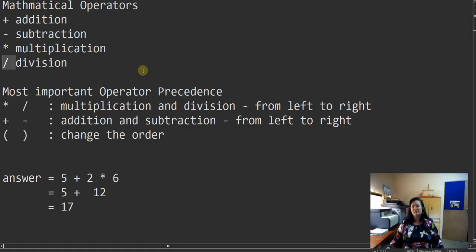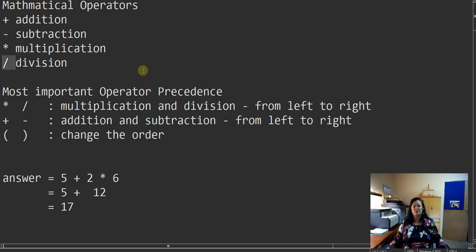So if I've got 5 multiplied by 8 plus 2, what's going to happen first? All the multiplications in that formula would first be executed from left to right. Thereafter, we've got addition and subtraction, again from left to right. And as with mathematics, parentheses can change the order. So have a look at the following examples.